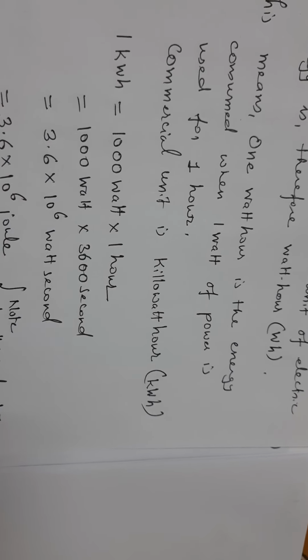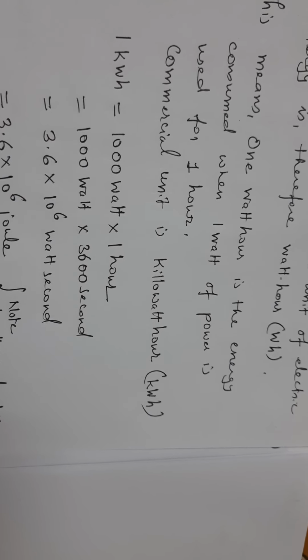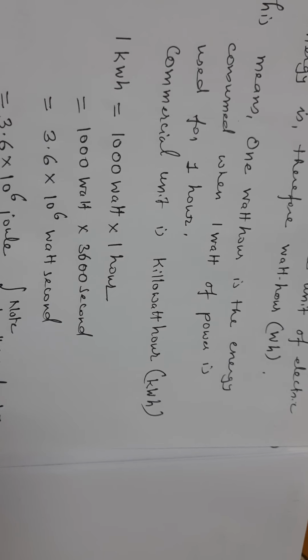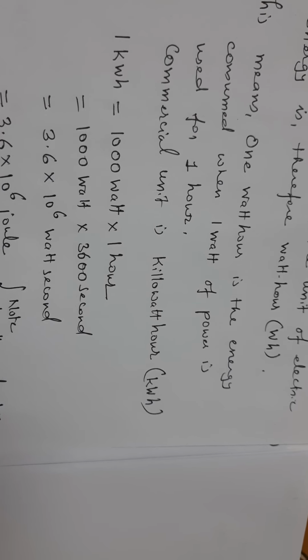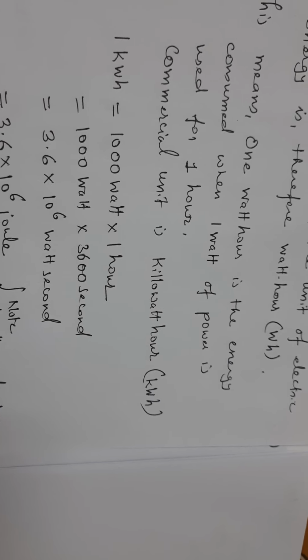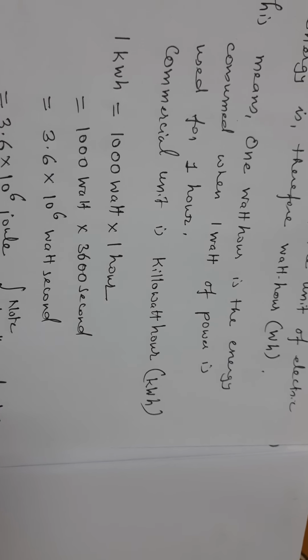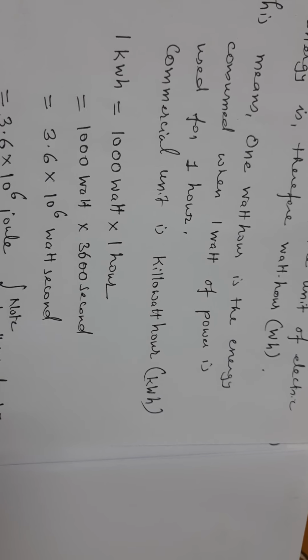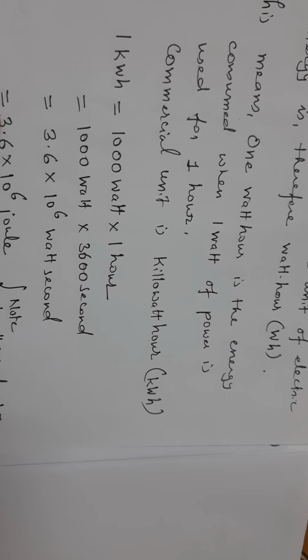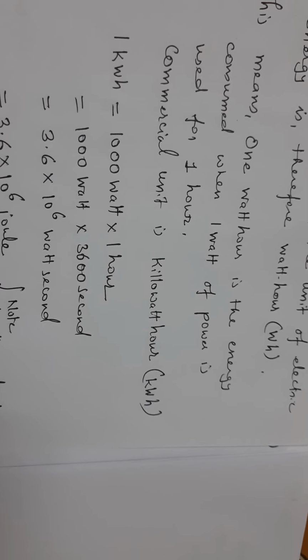But remember, 1 watt second is 1 joule. That's why we write 3.6 into 10 raised to 6 joules. Sometimes this is a question of 1 mark, that if 1 kilowatt hour is converted into joules, then how many joules does it have. So your answer will be 3.6 into 10 raised to 6 joules.